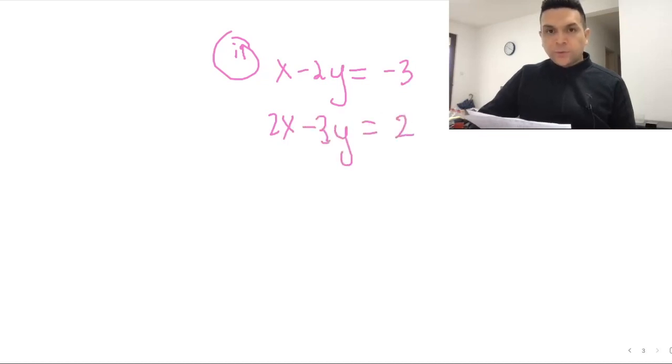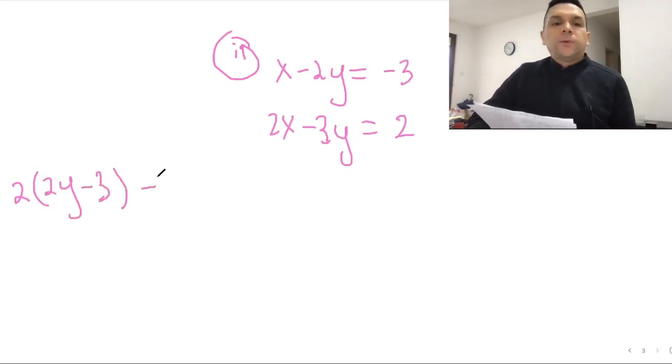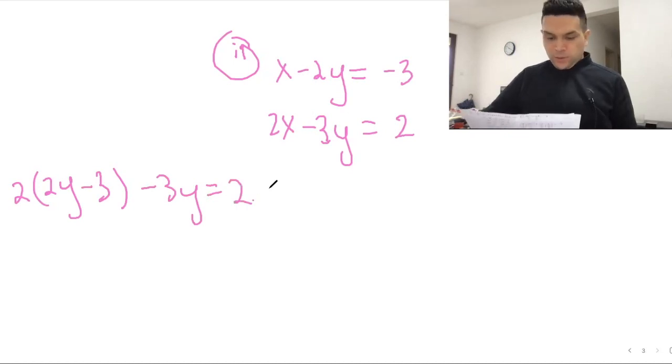Equals 2. So from before, we have that 2x equals 2y minus 3, right? So I'm going to take that and plug it in this equation. So I'm going to get 2 times x, which is 2y minus 3, minus 3y equals 2.